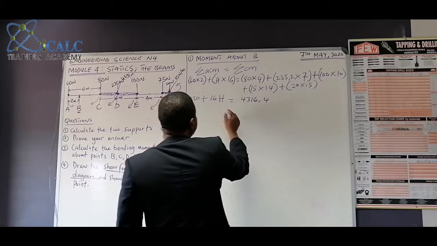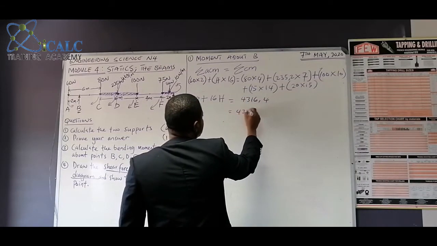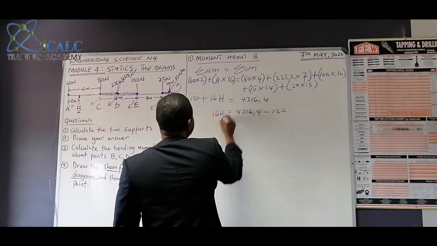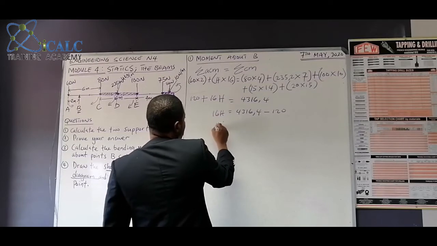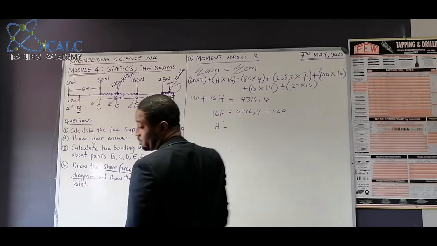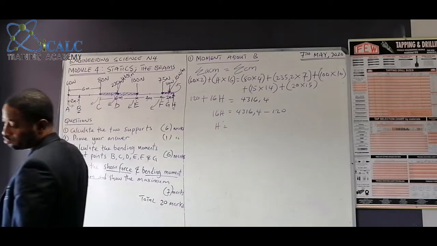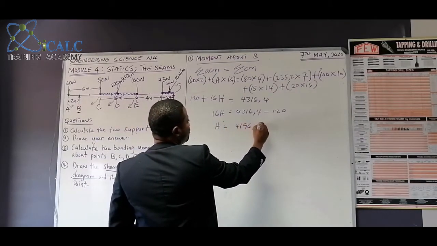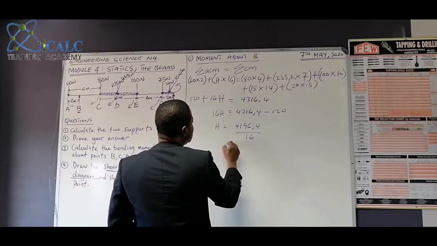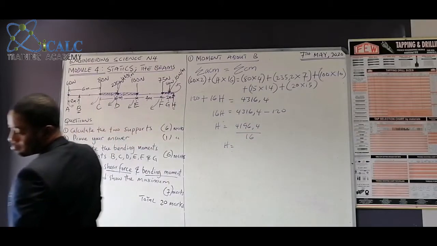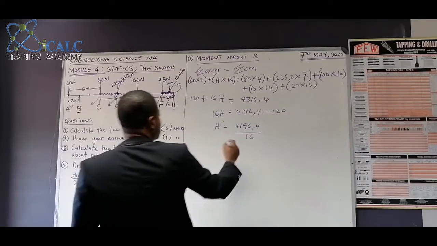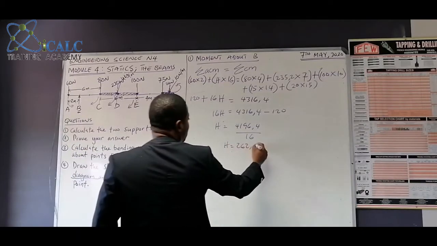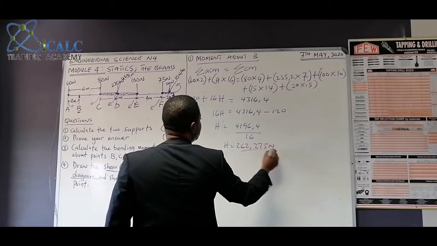All right, 4316.4 minus 120 will be equals to 16h, and h will be equals to 4316.4 minus 120 will give us 4196.4 all divided by 16, and our h will be 262.275 Newton.